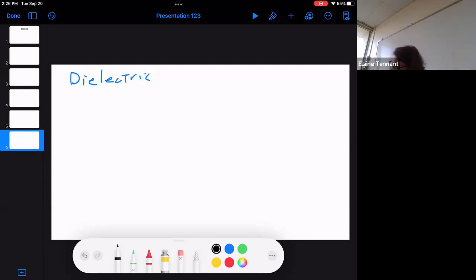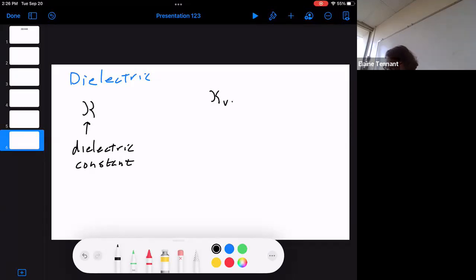You describe a dielectric by a kappa, the dielectric constant, where you just look that up. So like the kappa for a vacuum is 1, the kappa for air is almost 1, which is why we say it's close enough.